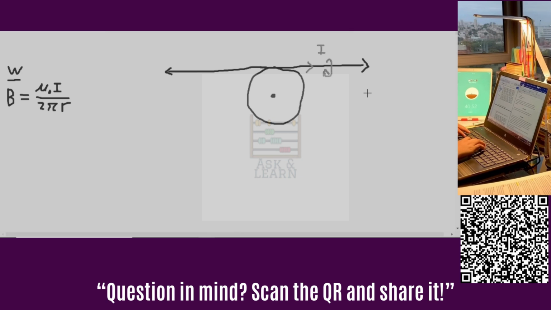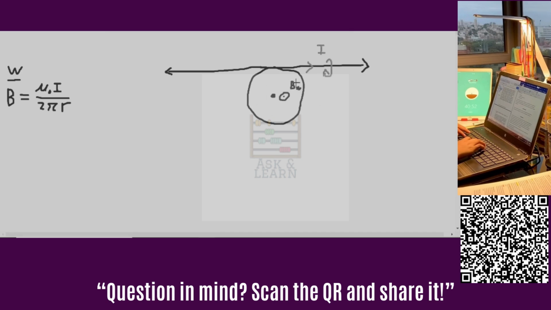So that's how that curls around. That means at this point here, which is straight perpendicular from the wire, the magnetic field is going to be pointing into the page. And that's from the wire, so that's BW.